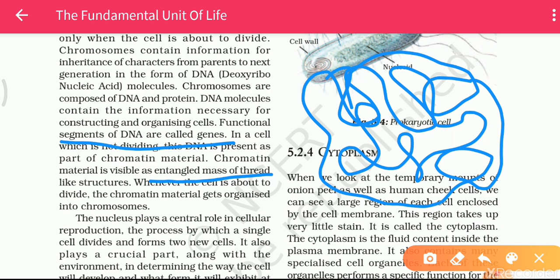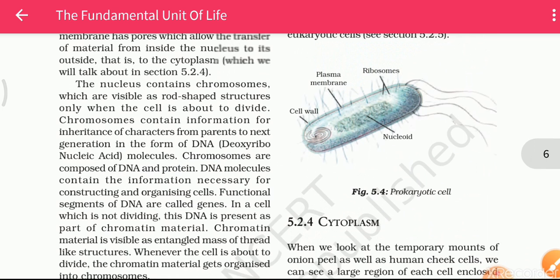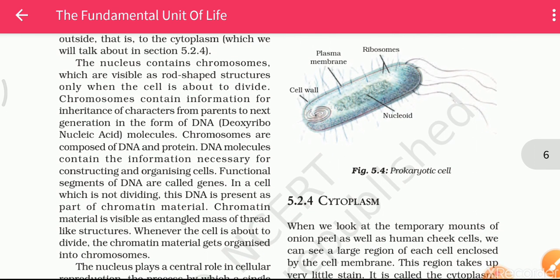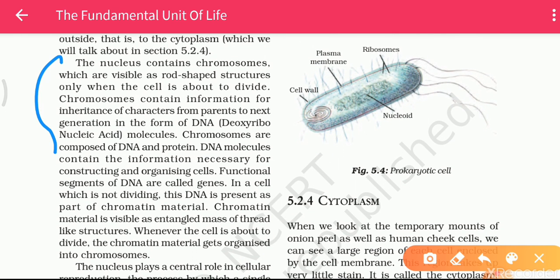Whenever the cell is about to divide, the chromatin material gets organized into chromosomes. I told you earlier also, this chromatin material during cell division is condensed and converted into chromosomes. Now, in this paragraph, you see they are talking only about the chromosomes.